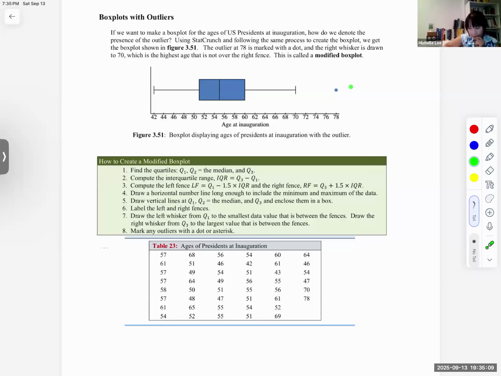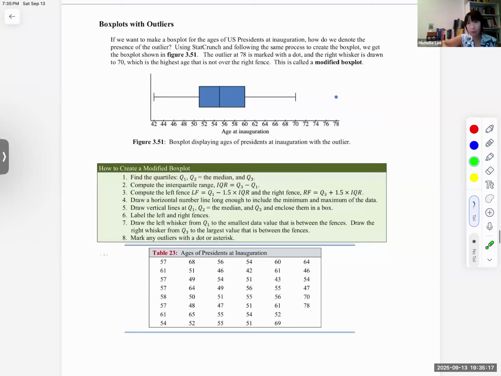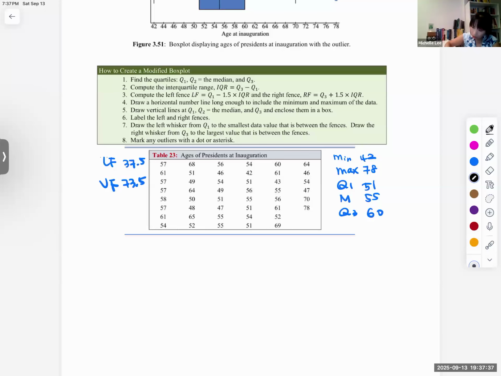And same as earlier, I need all the information. Let me bring it here.